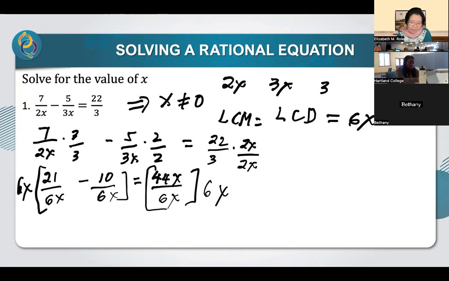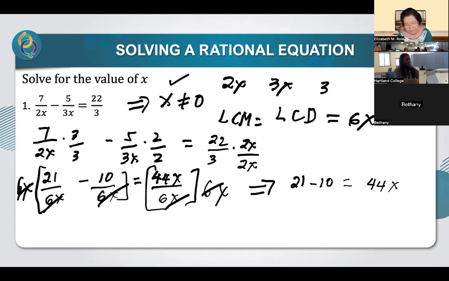So this may not be a solution, but just in your mind, you know that x will never be 0. So if you do that, your equation will be as simple as 21 minus 10 is equal to 44x, because the 6x cancels all of them.